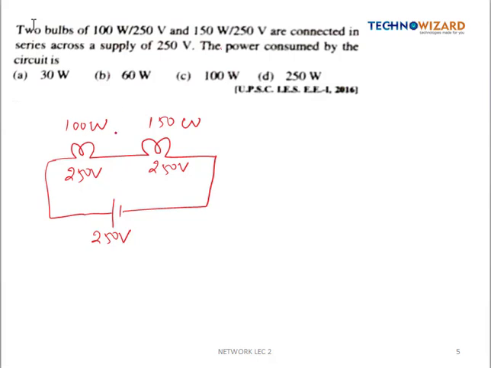Okay, so basically there is a formula for such type. If we need to calculate the total power consumed by bulbs connected in series, if the two bulbs are connected in series, the formula will be P1 P2 upon P1 plus P2, where P1 is the power consumed by the first bulb, P2 is the power consumed by the second bulb. So they have already given, right?